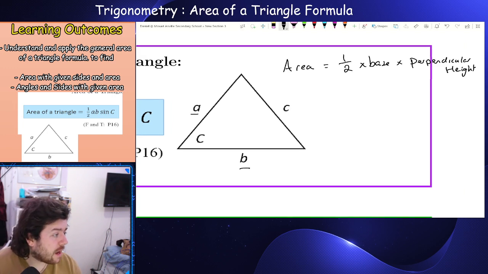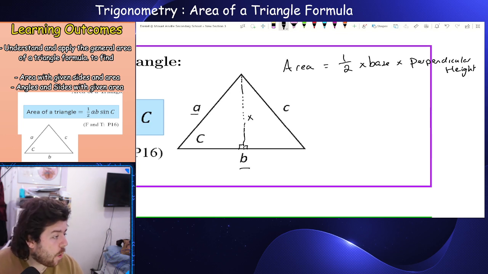Well, in this triangle here, I'm not given the perpendicular height. If I was to find the perpendicular height, I would then be able to solve this area. So if I draw a perpendicular line down, it's perpendicular here. How can I find the perpendicular height?